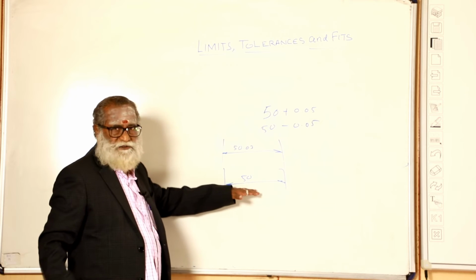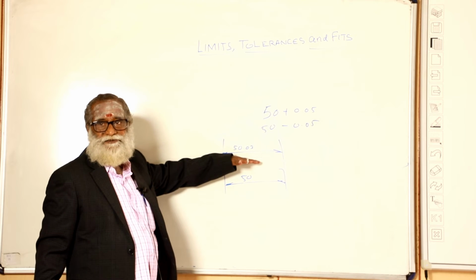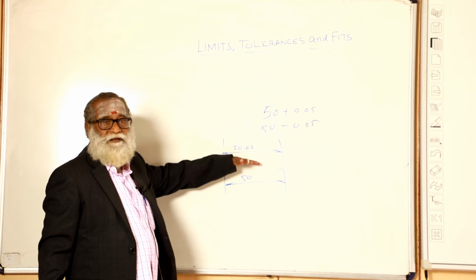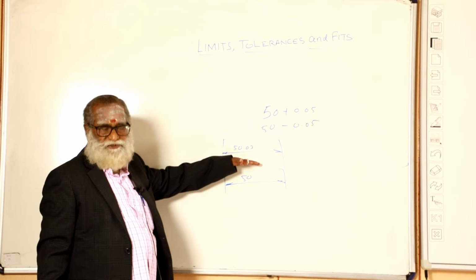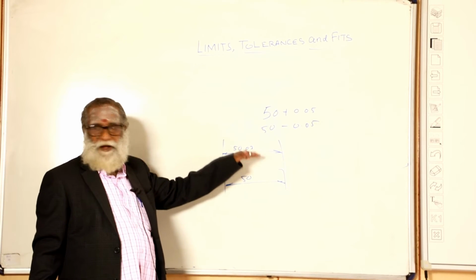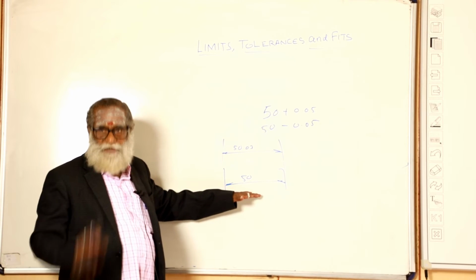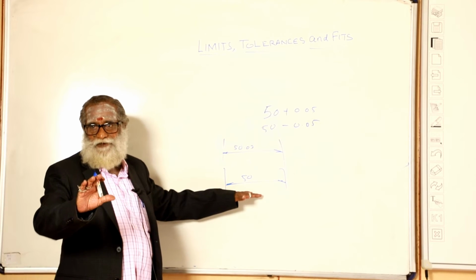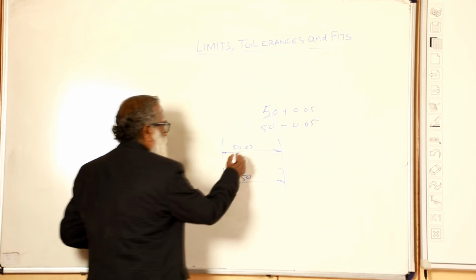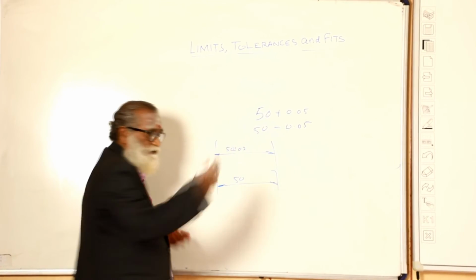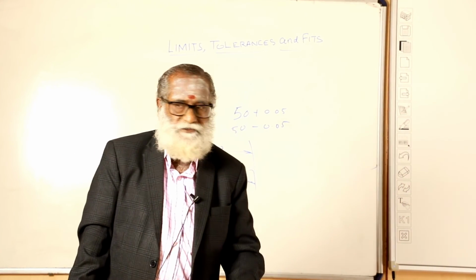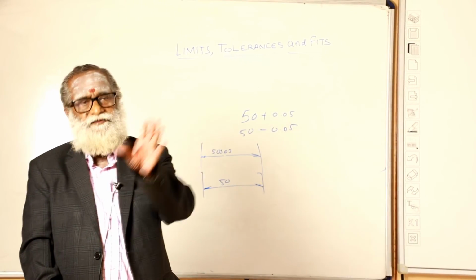This is the basic size, and this is the design size. The design size is followed by the decimal value, that is how much limit you can prepare, and that is called the design size. But this is the basic size of the component. So, it can allow up to 50 plus 0.03, or if I put plus or minus, 50.03 or 50 minus 0.03. That is the difference between the basic size and design size.